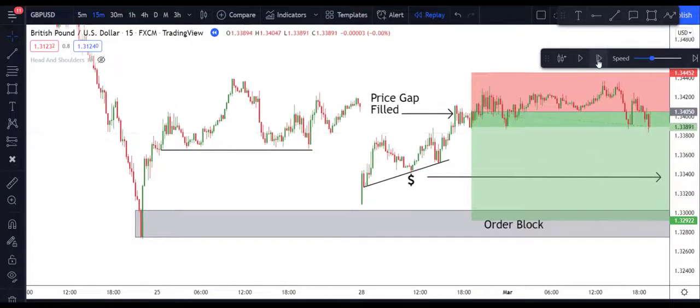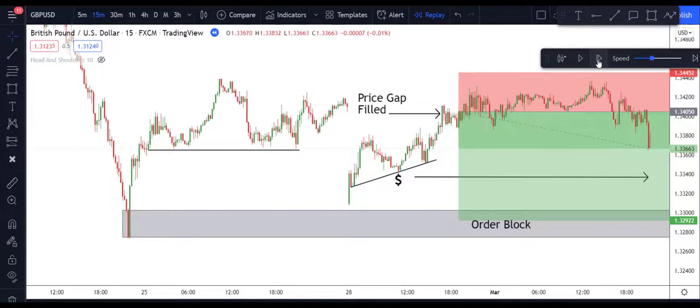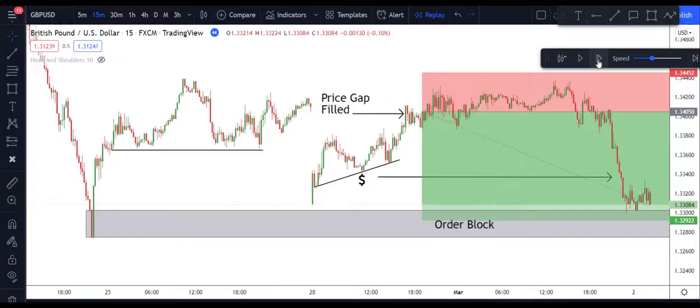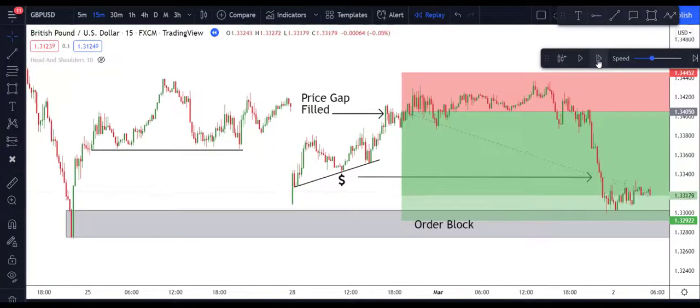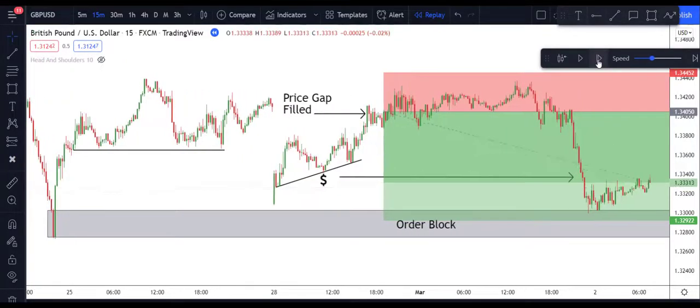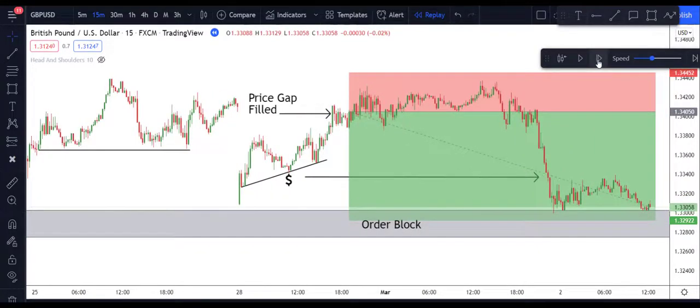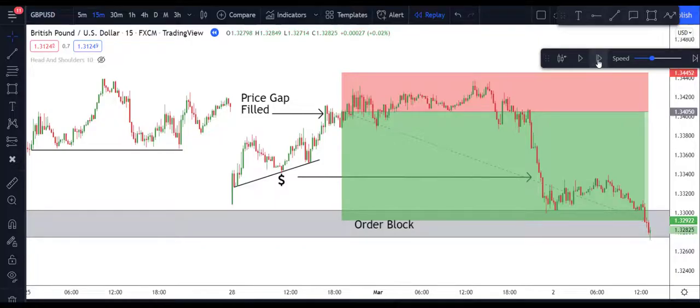So like I said, see, price is moving down according to our analysis, and price is still moving down, and it kept on ranging for some time, and boom, we hit TP right here. So this was the GBPUSD sell setup, and we made a good profit with this analysis.